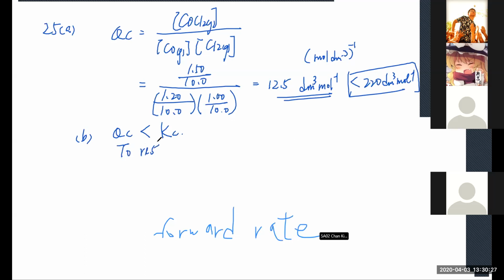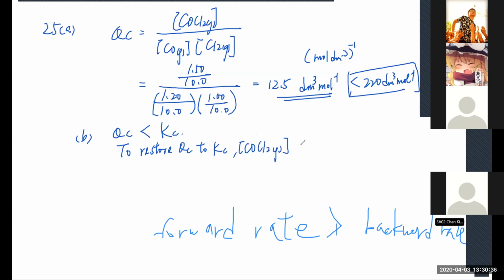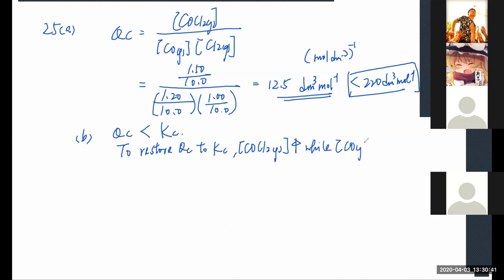To restore Qc to Kc, the concentration of COCl2 must increase, while the concentration of CO gas and chlorine gas should drop. It is brought about by a net reaction until equilibrium is attained.